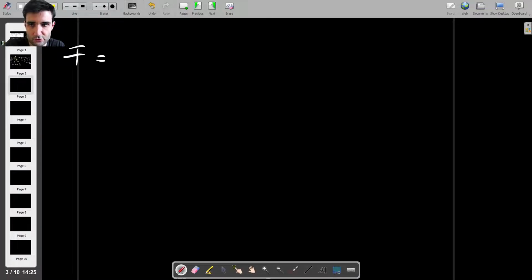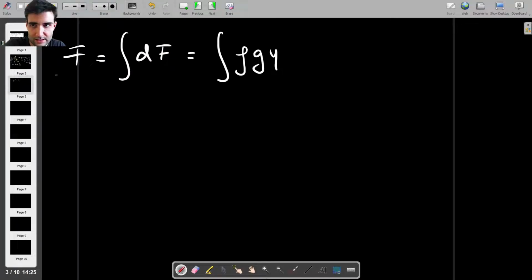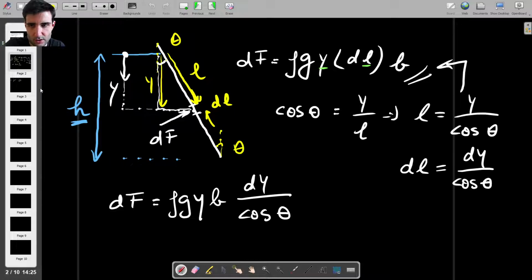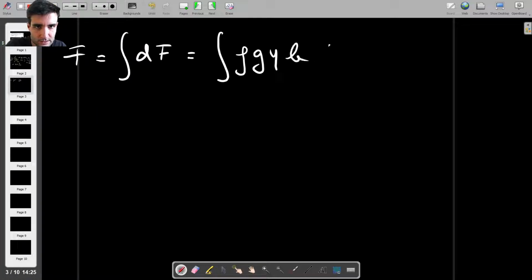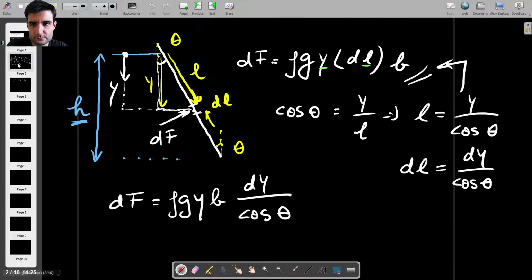So we have that the force is the integral of dF, and I'm just going to copy what dF is. So rho g y b, and then dy over cos theta. And we know what the limits of integration are as well. So y starts from 0, which is at the very top, and it goes all the way down to h.